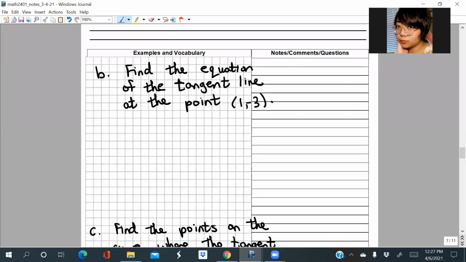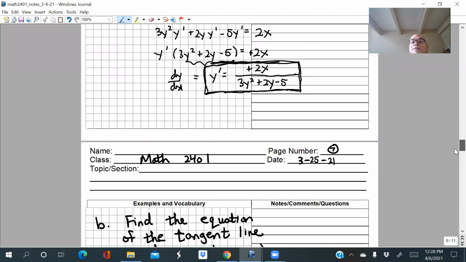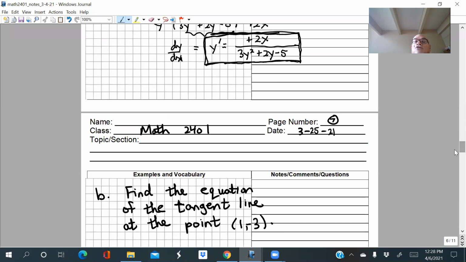Well, so let's see what it is exactly. So what would be the slope of the tangent line right there at the point 1, minus 3? This is where the derivative is going to be useful to you. So you want to evaluate this derivative at the point 1, minus 3.